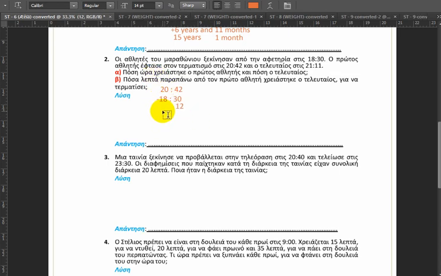And 20 take away 18 would give me 2. So my answer should be actually 2 hours and 12 minutes. So that's the first athlete. Let's do the last athlete. That would be 21 and 11 minus 18:30.